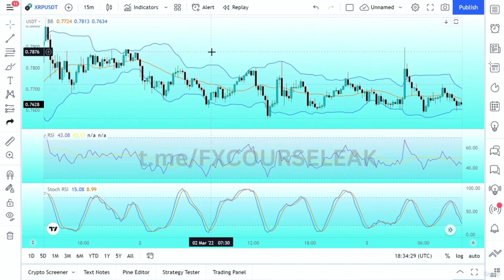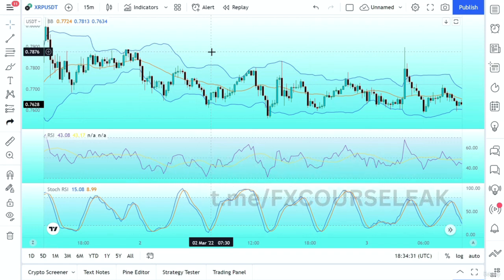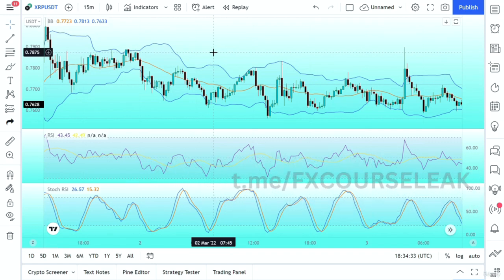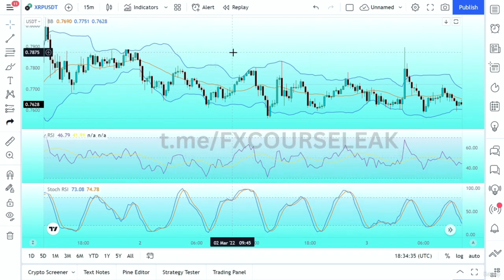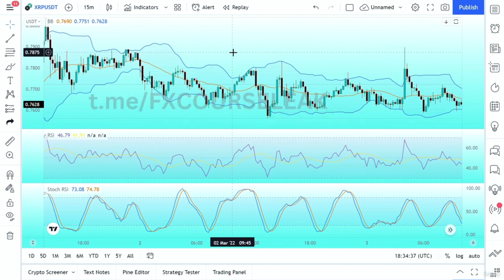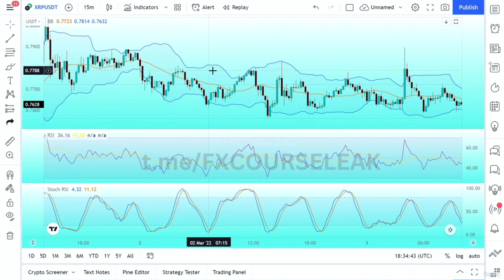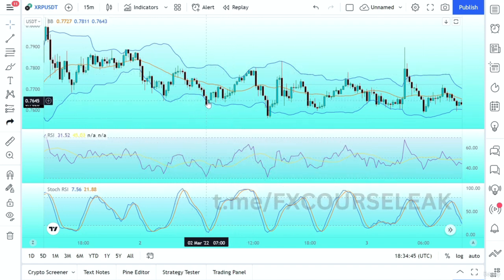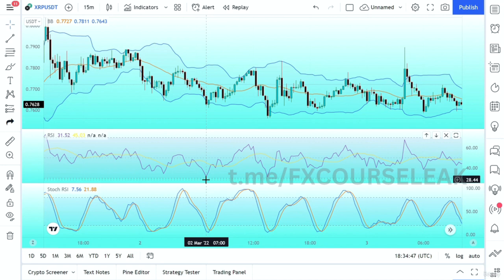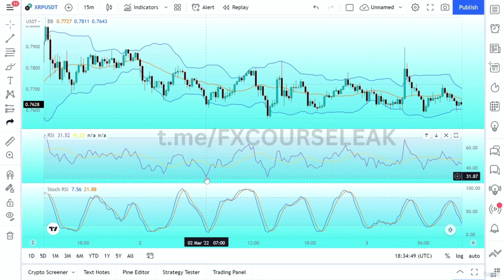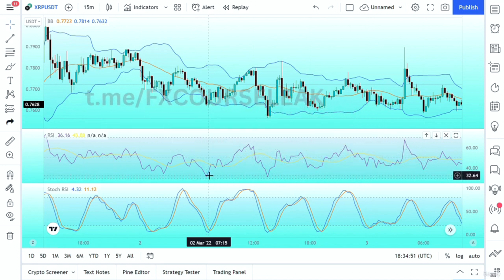Now, how do we enter the market on the basis of this strategy? For entering, I will use these rules. The first rule is the candle should kiss the bottom line of the Bollinger Band indicator. At the same time, the simple RSI should be roundabout in the 30 range.